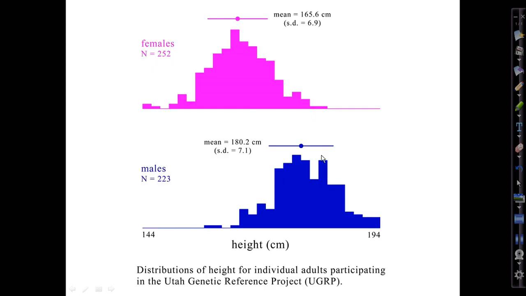Okay, so here are some reasonably large samples of heights again, of females and males. These are special men and women. They're from the Utah Genetic Reference Project, which was a forerunner of the whole Human Genome Project, and a reason why Utah is to this day such a center of human genetics.